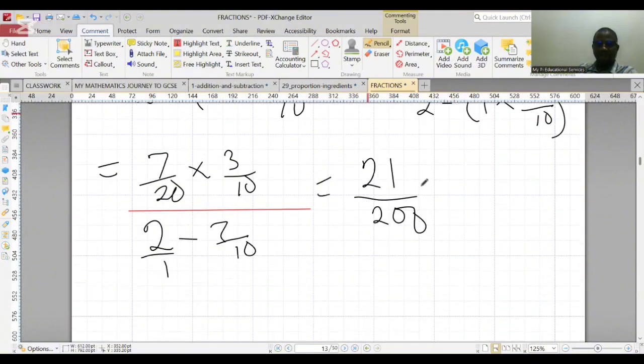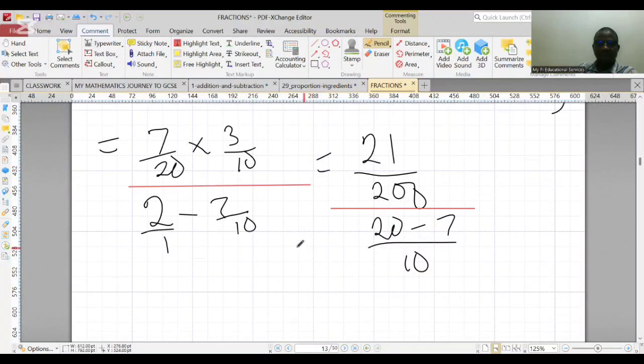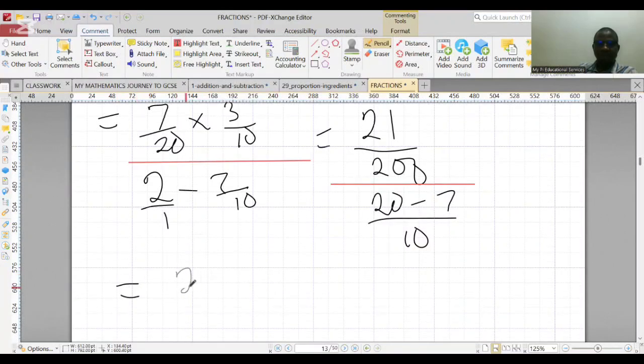So next, we have out of, so here the LCM of 1 and 10 will give 10. 10 divided by 1 is 10, 10 times 2 will be 20. The minus, 10 divided by 10 is 1, and times this, that will be 7. So finally, we have 21 out of 200.